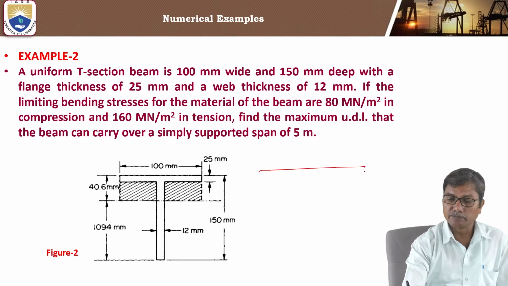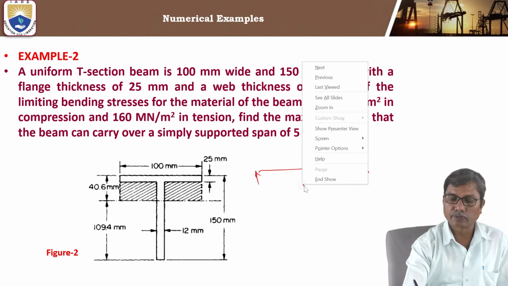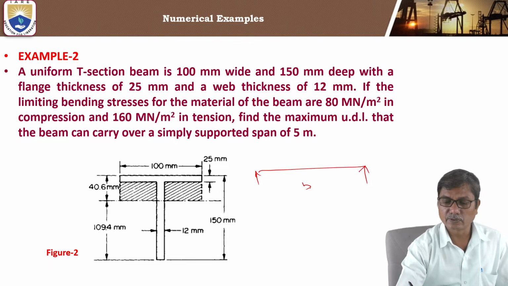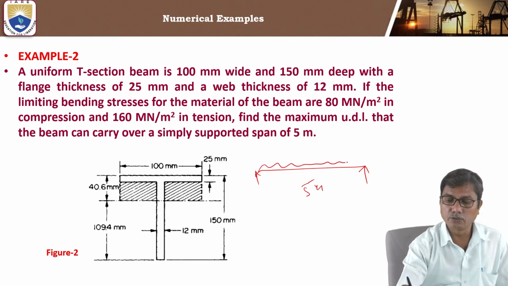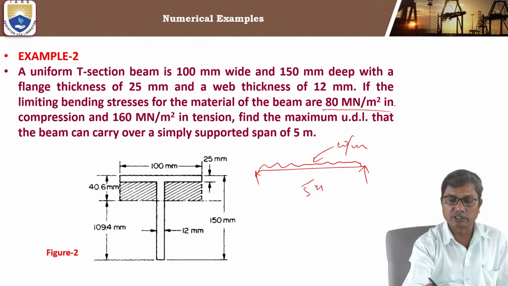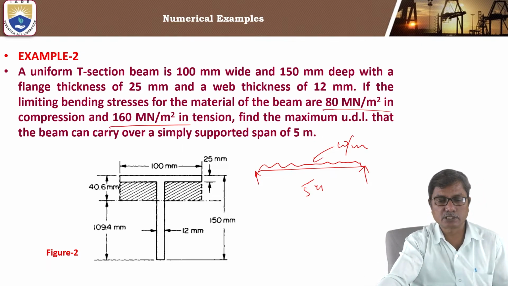So if the beam is simply supported over a span of 5 meters, what is the maximum load that we can apply on the beam so that it satisfies these conditions? Maximum stress in compression 80 and tension 160.